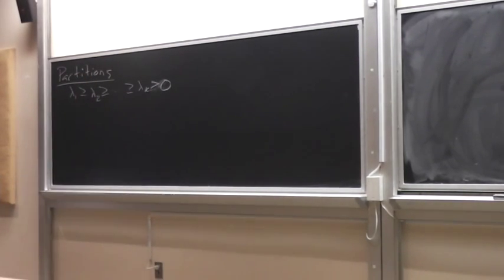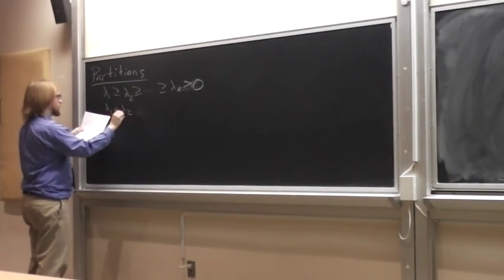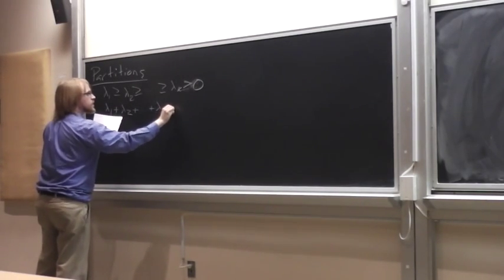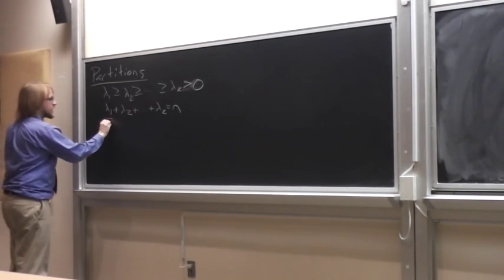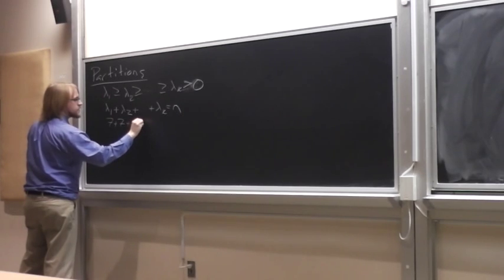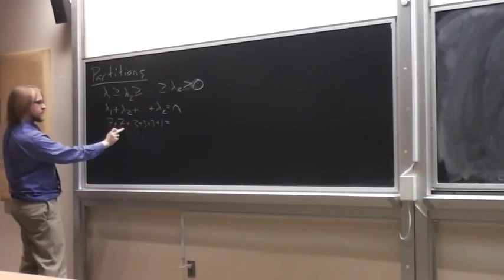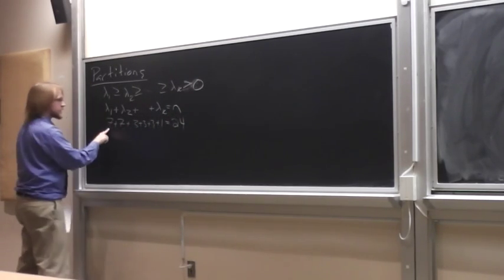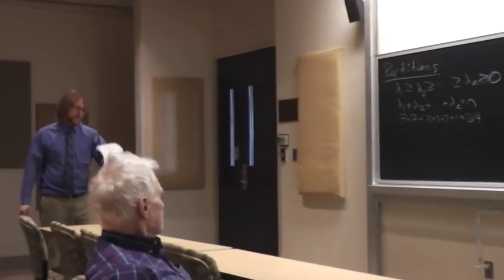And I want them to add up, since I'm partitioning some integer n, so they add up to n. 7 plus 7 plus 3 plus 3 plus 3 plus 1 equals 14, 23, 24, so 7, 7, 3, 3, 3, 1 is a partition of 24.